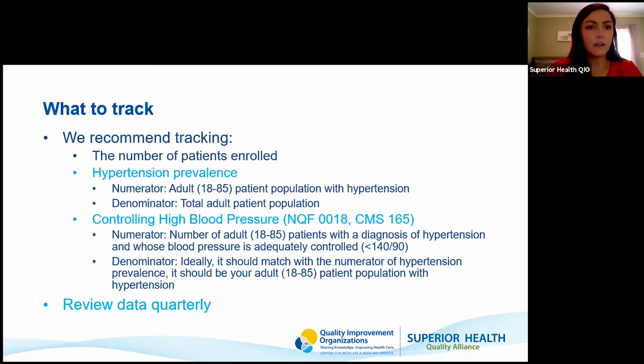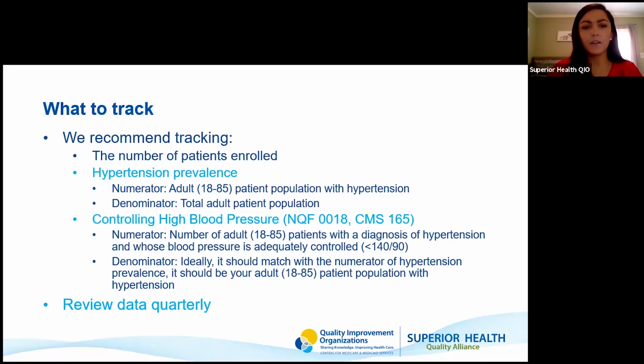And then we also recommend looking at the controlling high blood pressure measure, which is also known as NQF18 or CMS 165. The numerator for that is the number of adult or 18 to 85-year-old patients with a diagnosis of hypertension and whose blood pressure is adequately controlled at less than 140/90.